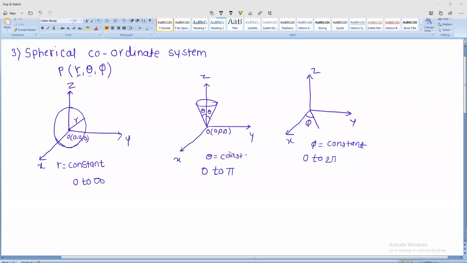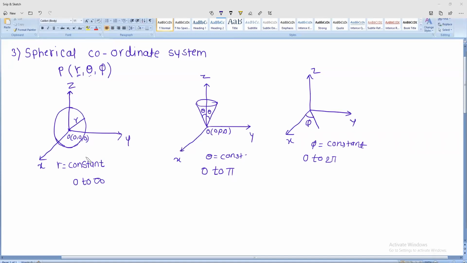But if we consider the z coordinate also, then we have to go in space, up to the given z distance, right? So we are representing any point in space. That's why I always say that in space any coordinate is varying. We'll see how to represent point P.